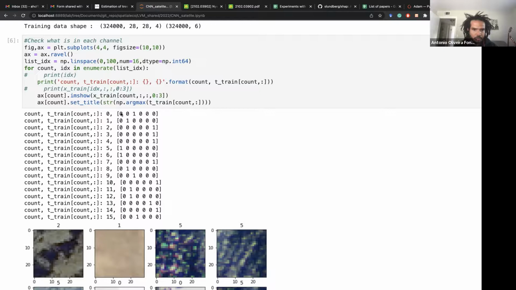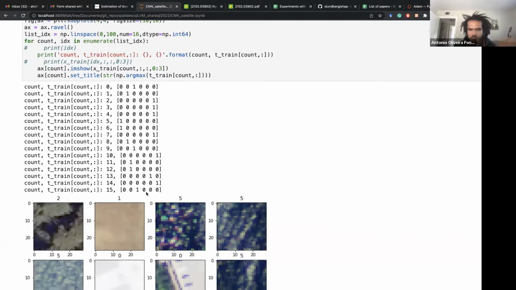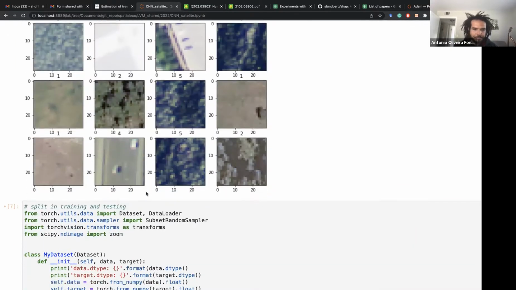So 0 was building, 1 was barren land, and 2 was trees. And 5, I think, was water, as you can see here. Or maybe you cannot see because the image is so pixelized, but yeah, very well. So that's just data organization, okay?